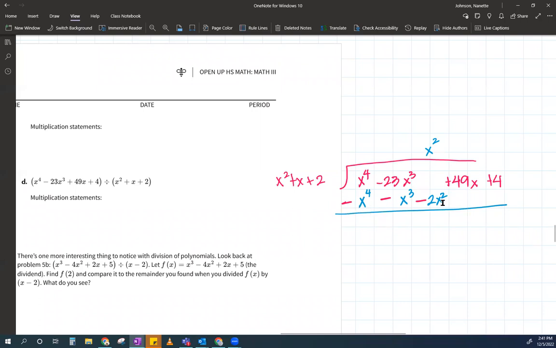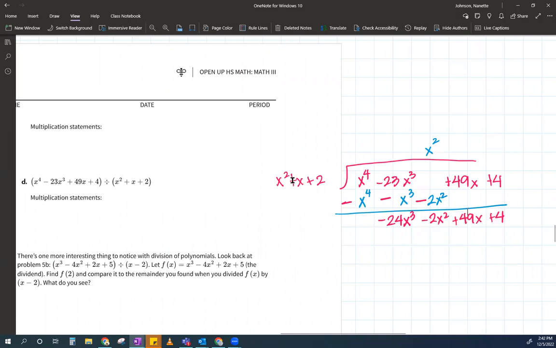So all three of these turn negative because, again, I'm subtracting. And then I'm going to add them together. So then these two go away, which means I did that part right. And then I'm just going to be careful to make sure that I subtract correctly. So negative 24x cubed minus 2x squared. And then I'm just going to copy everybody else down just so everybody's all together and I don't forget anybody.